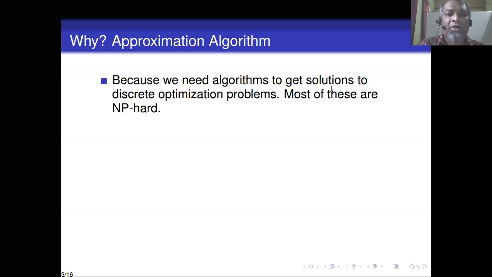So we need some solutions, and since we know that if the problem is NP hard, then it is very unlikely that we will get an efficient algorithm. So we need to relax something, and here our target is to get some near optimal solution for hard problems, and that is why we study approximation algorithms.